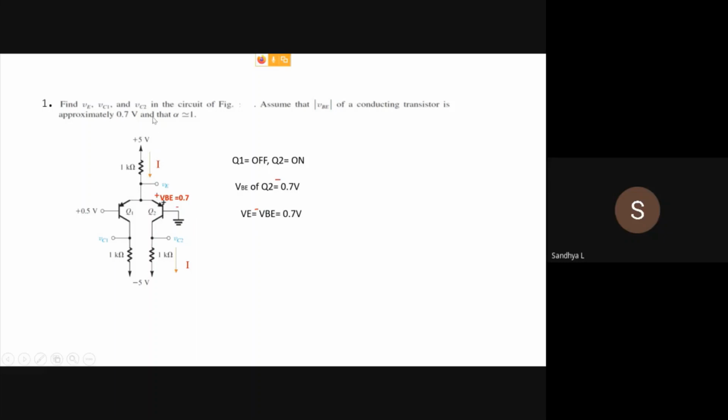Next is VC1 and VC2. Now what is VC1 and VC2? In order to find out VC1, we know that Q1 is off and Q2 is on. Since Q1 is off, there is no current flowing through this particular branch.